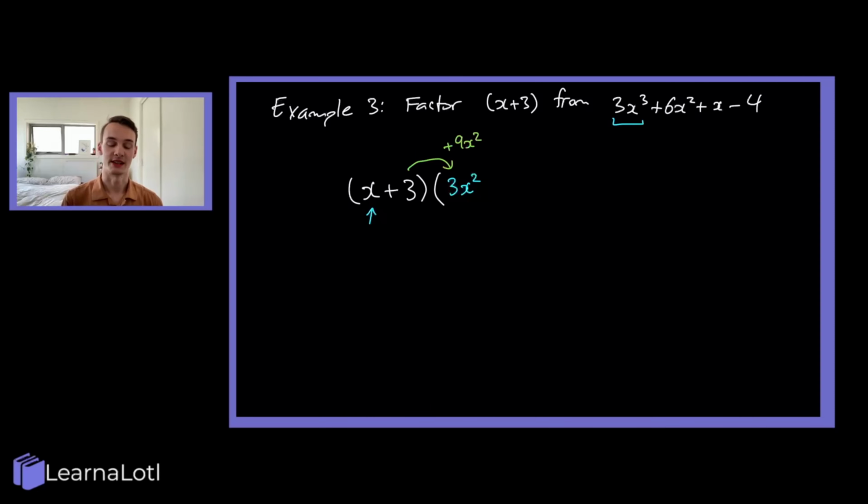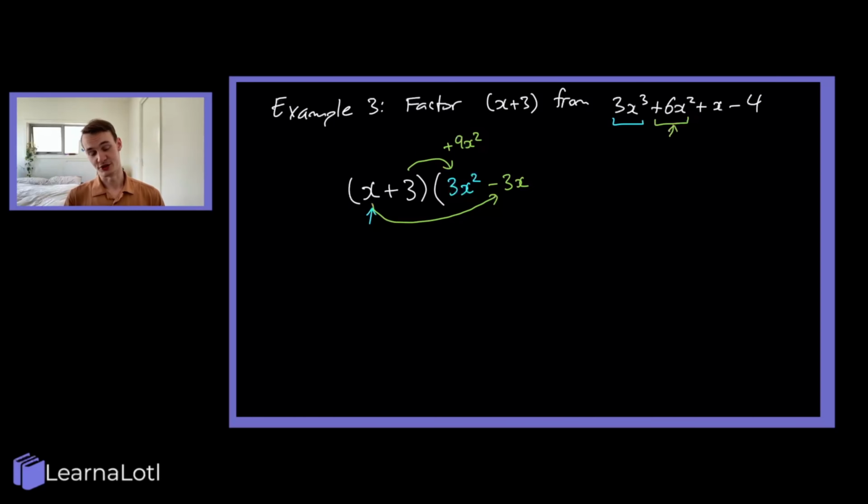I don't want plus 9x squared. What I want is plus 6x squared. So in order to correct what I have, I'm going to have to subtract minus 3x. Because then when I multiply that by this x, I'll get plus 9x squared minus 3x squared. That'll give me my plus 6x squared that I actually want.